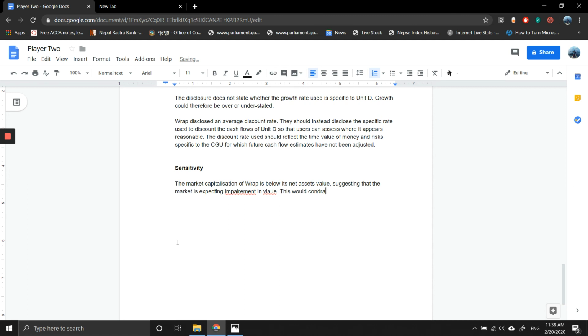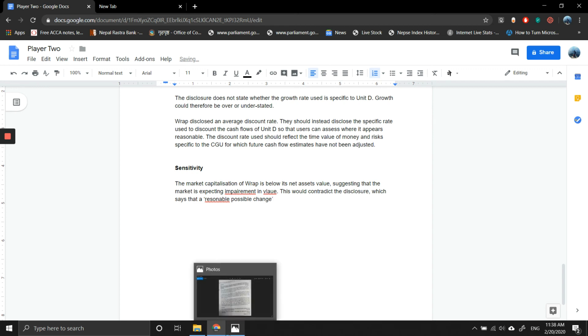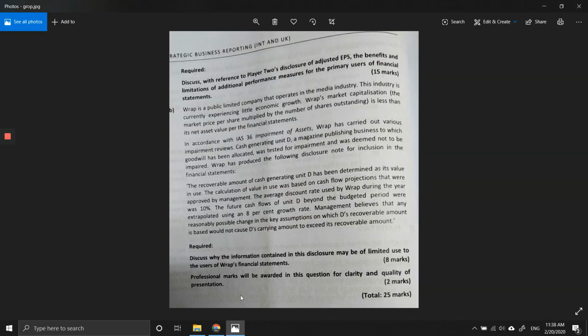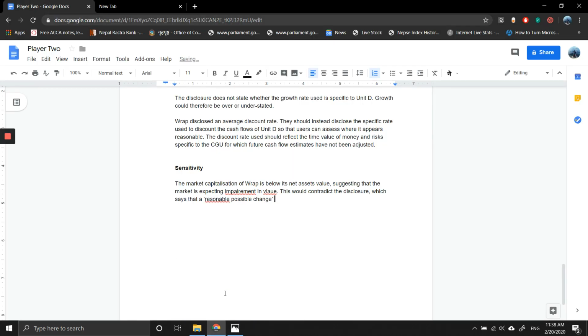This would contradict the disclosure, which says that a reasonable possible change would not cause impairment.